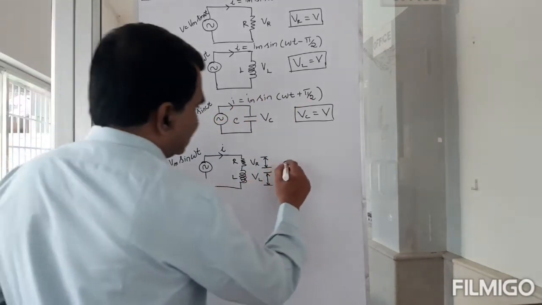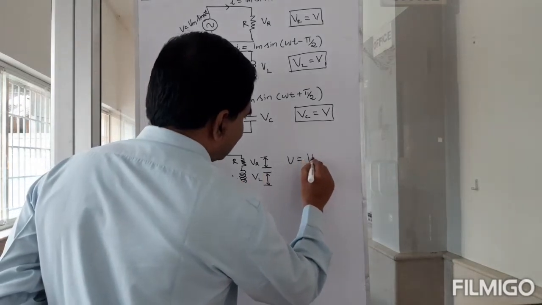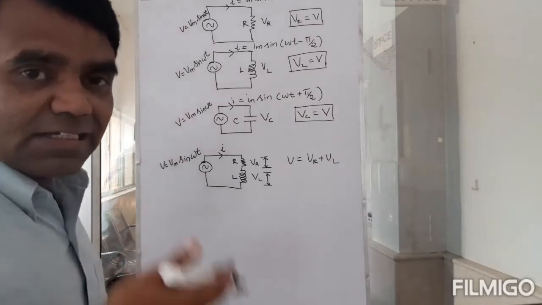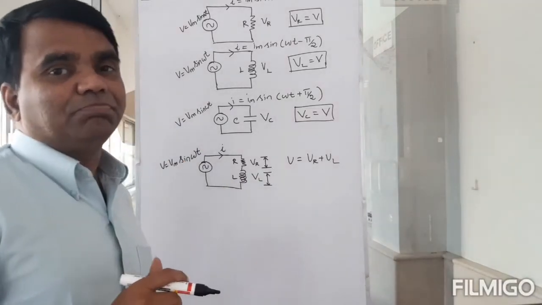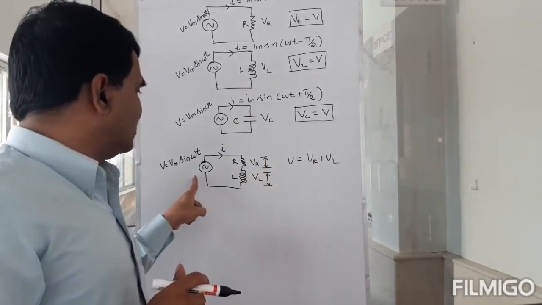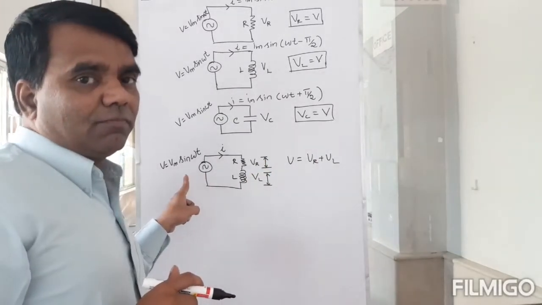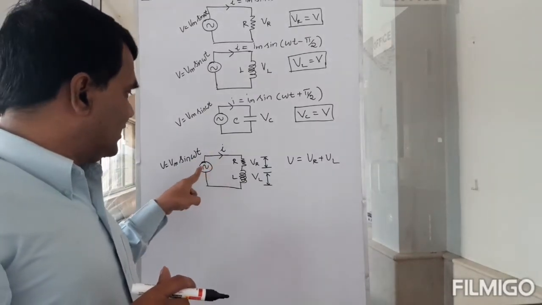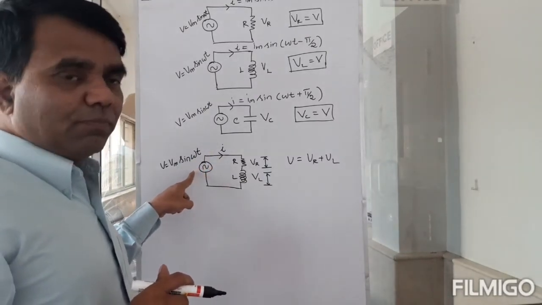You see here, this V must be equal to VR plus VL at any and every point in time. So the combination of these two voltages must be equal to this voltage. And there is only one current, and there is only one this voltage.